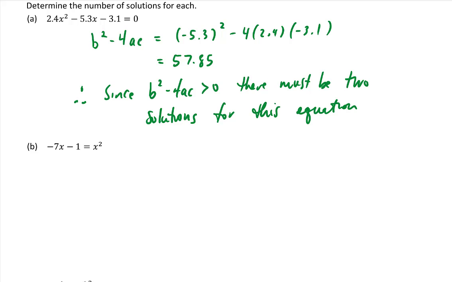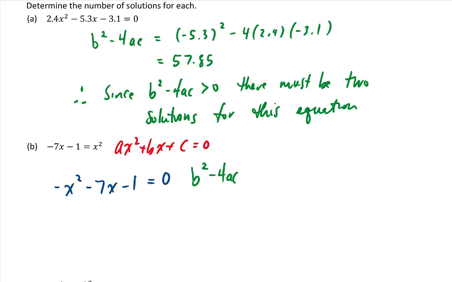The next one, notice, is not in our proper form. We need to get it as ax squared plus bx plus c equals 0 before we can use the discriminant. So we have negative x squared minus 7x minus 1 equals 0 if I move all the terms to the left side. And for this discriminant, b squared minus 4ac is equal to negative 7 squared minus 4 times negative 1 times negative 1.